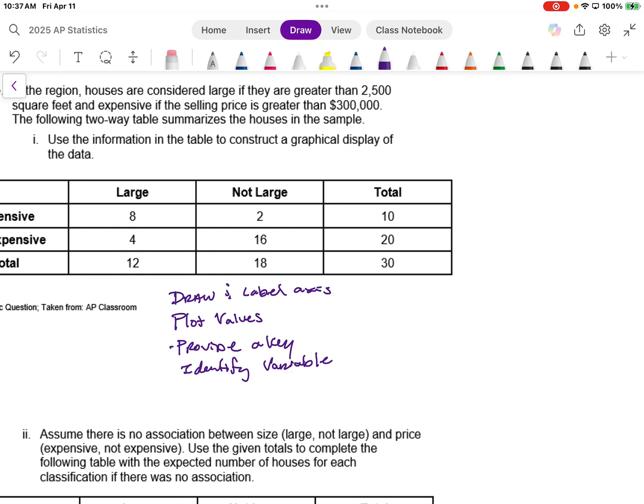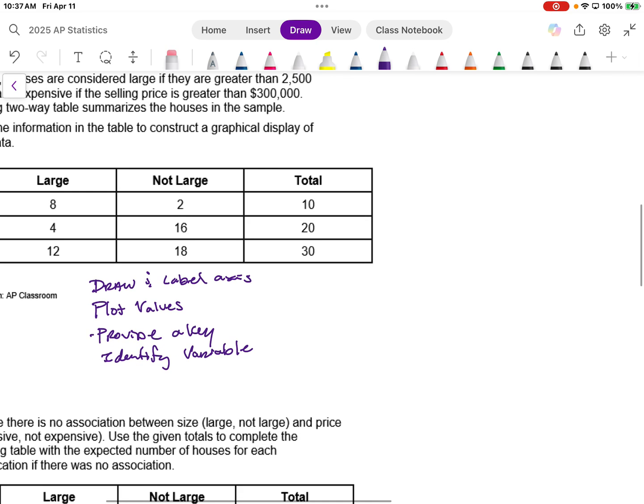We don't have the exact dollar amount, so we can't add up and divide and get a mean. So it's not going to be quantitative. When we're looking at categorical information, usually a segmented bar graph is the best one to do. So we're going to do a segmented bar graph.